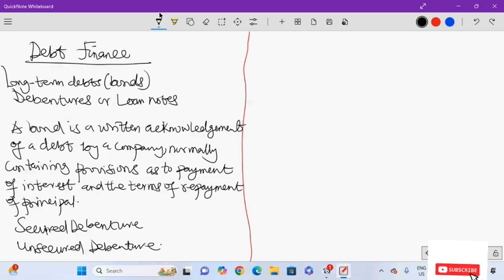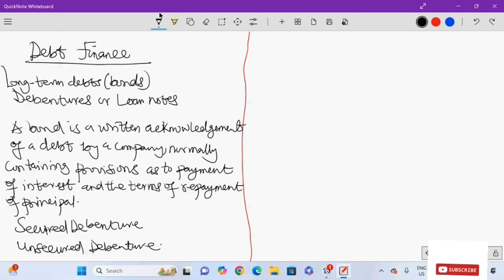It basically means that if the company goes into liquidation, we are going to use the assets as a security for the organization.